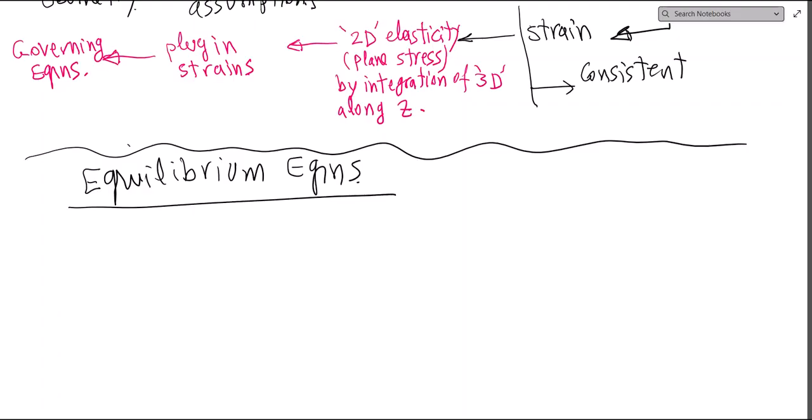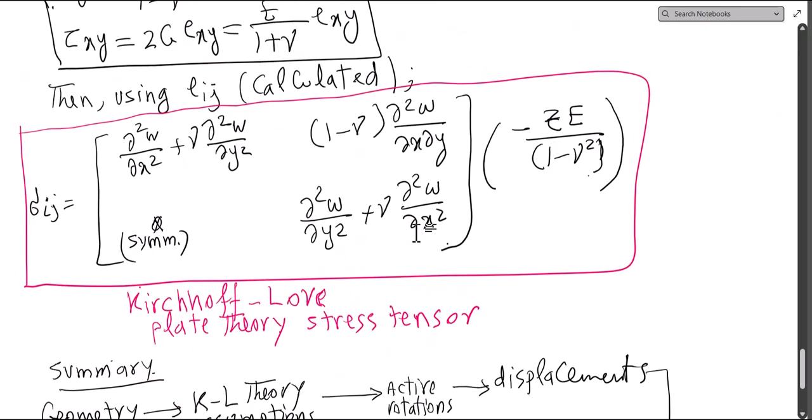Once we have our stresses established, as we did here, these stresses should satisfy the equilibrium equation in order to get a constraint or a framework for governing W, which is our only variable here, basically.